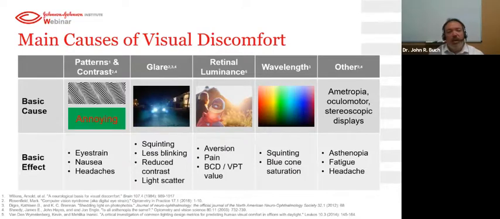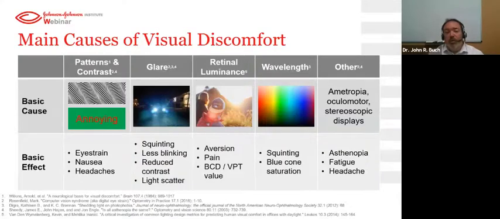And in the next column, glare. Glare is listed throughout the literature as a major cause for visual discomfort and can cause squinting and blinking less, and it certainly reduces our contrast, and it actually scatters light a little bit more.